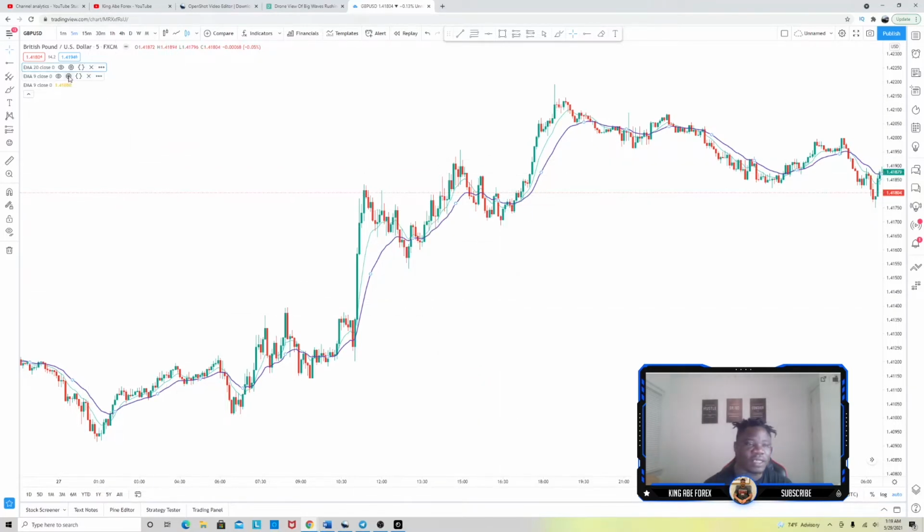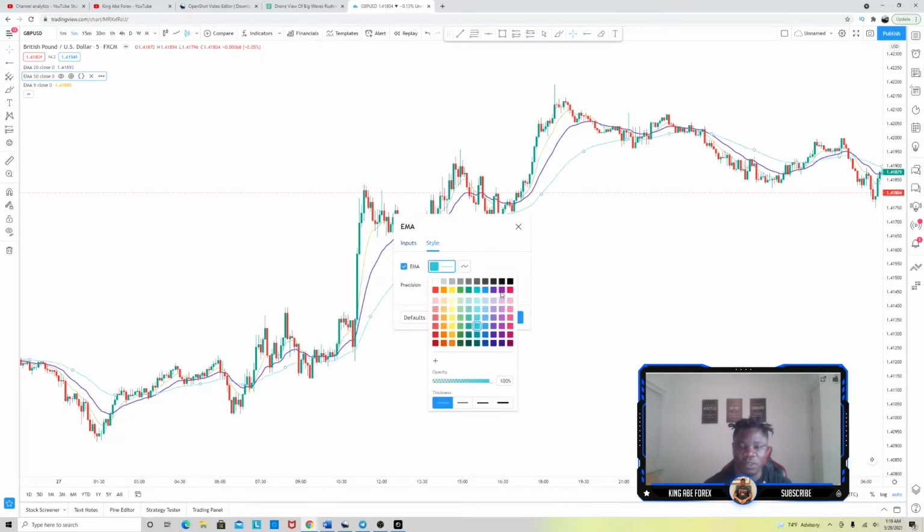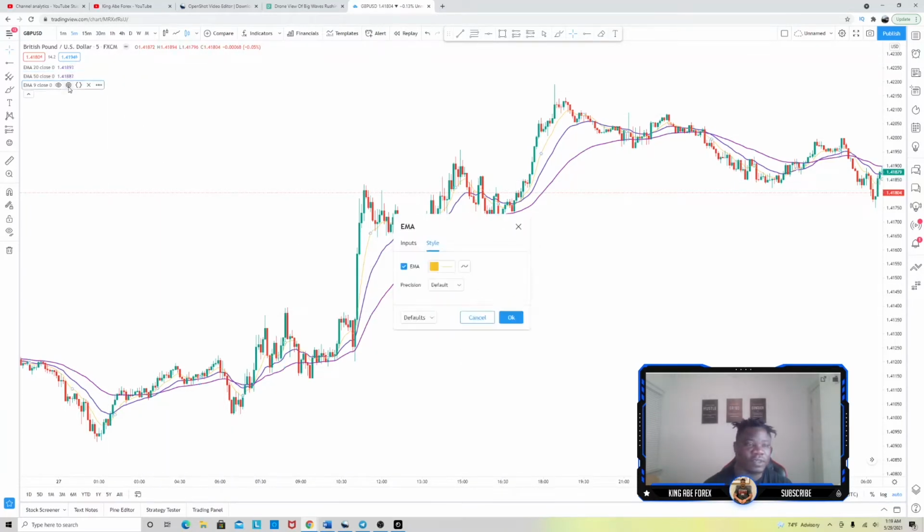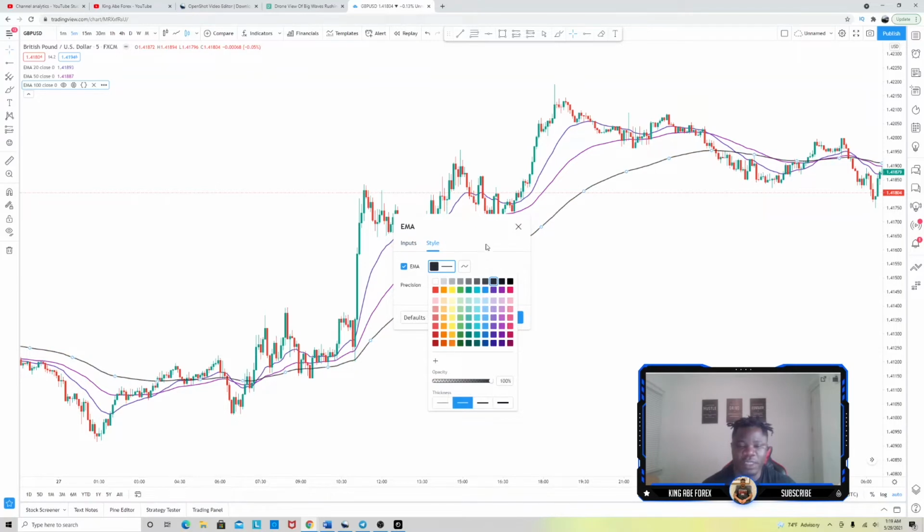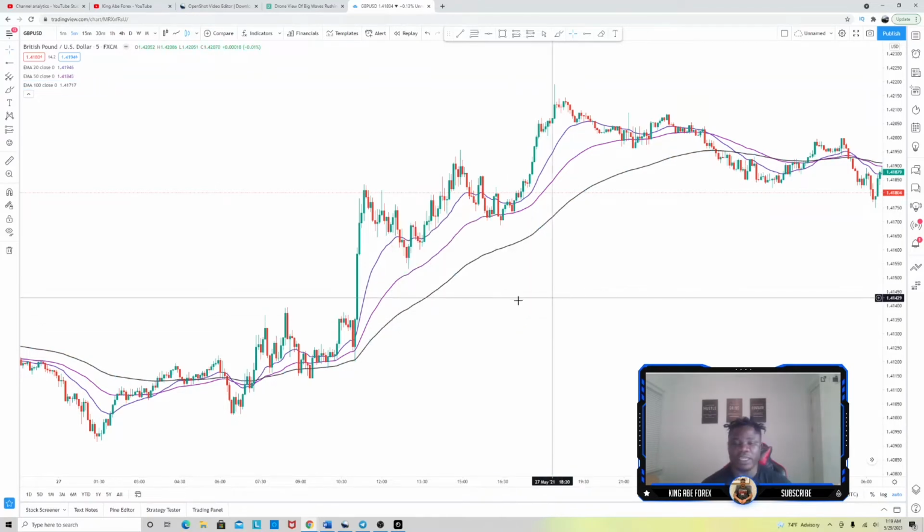The second one we change to 50, and the third one we change to 100, again with whatever color you want. Then you click on OK.